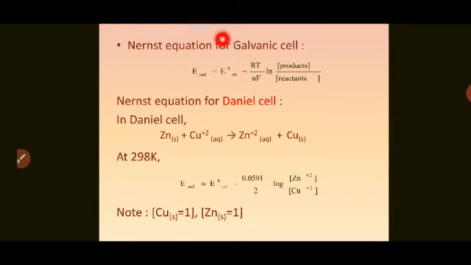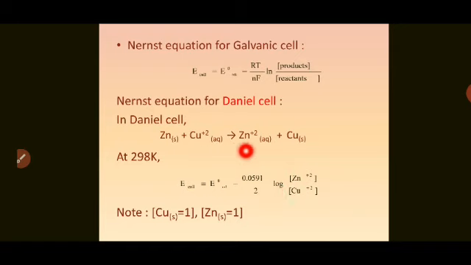We have already learned that the Daniell cell is an example of a galvanic cell. So in the Daniell cell, we have Zn plus Cu^2+ giving Zn^2+ and Cu. At 298 Kelvin, the value can be given as E cell is equal to E naught cell minus 0.0591 divided by 2.